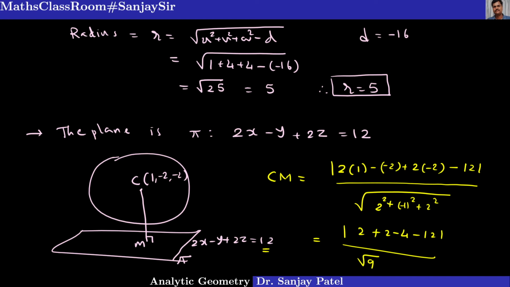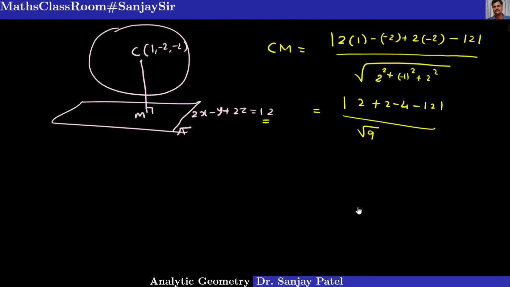So what will you get? 2 plus 2, 4, 4 minus 4 is cancelled. So it is modulus of minus 12 upon square root of 9, that is 3. Since it is distance, we will be taking the positive value. So 3 4s are 12. So CM is equal to 4. The perpendicular distance CM, this distance is 4.